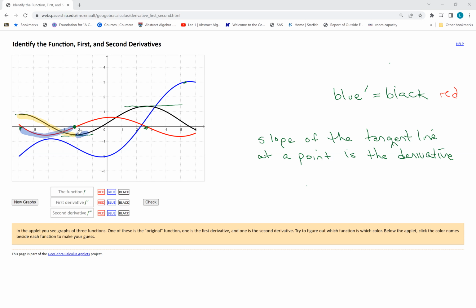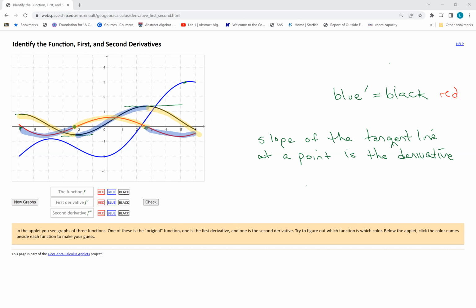So from here to here, this is increasing. And the tangent line is going to be positive. And notice from here to here, it's positive. And then again, from here to here, it's negative. And from here to the end, it's below the x-axis, so it's negative. So we have it in the right order.